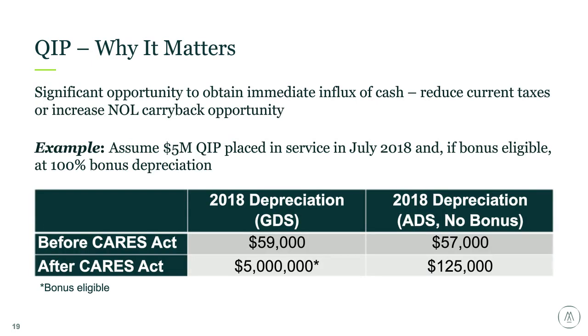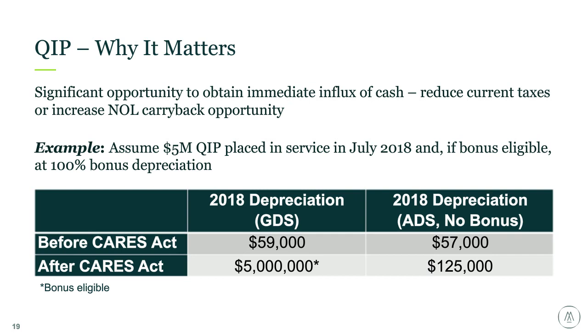So why is this such a big deal? Now that QIP is eligible for a 15-year life and bonus depreciation, it provides a significant tax planning opportunity. During a time of economic uncertainty like we're experiencing right now, cash, of course, is king. And QIP is a great way to generate immediate cash to taxpayers during a time when they need it the most.